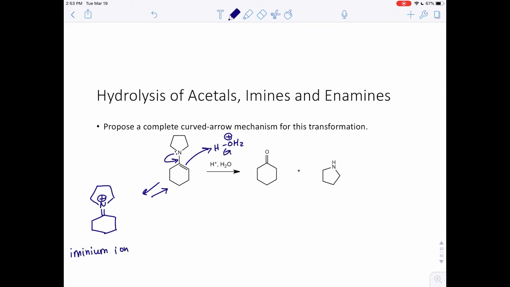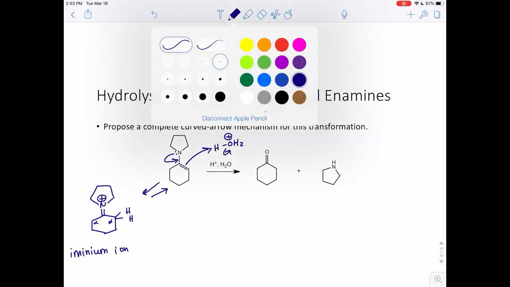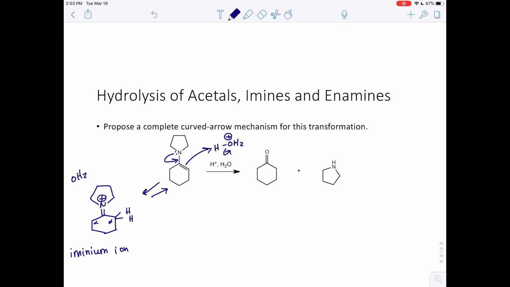Now, to form the enamine, we deprotonated alpha, but remember, we're not generating it, we're destroying it. So another possibility is that water adds to it. So it's electrophilic at carbon, water is a nucleophile, and water can add. And that will get us to this intermediate here that was formed on the pathway to forming the enamine.